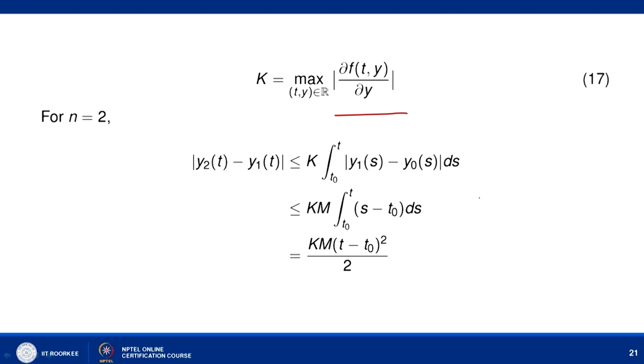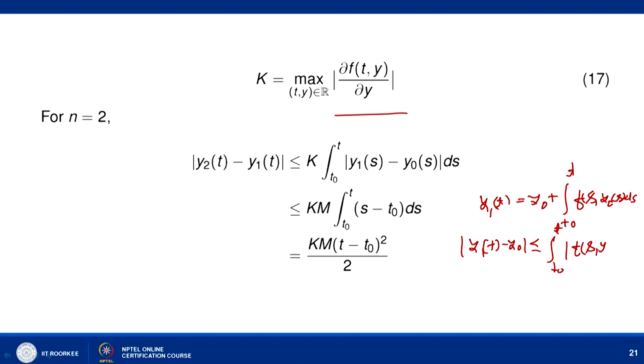We already know that, when we consider the approximation, y1(t) is equal to y0(t) plus the integral from t0 to t of f(s, y0(s)) ds, and y1(t) minus y0 is bounded by the integral from t0 to t of modulus of f(s, y0(s)) ds, which we already know is bounded by M times (t minus t0).